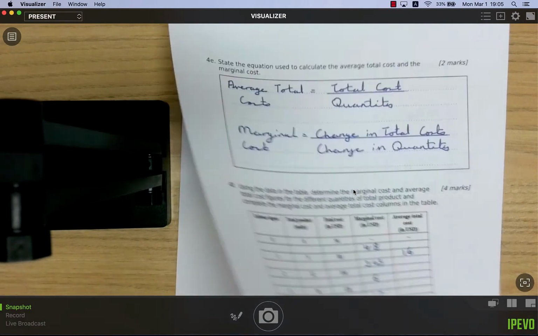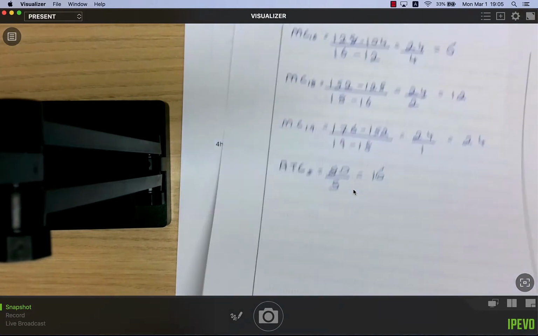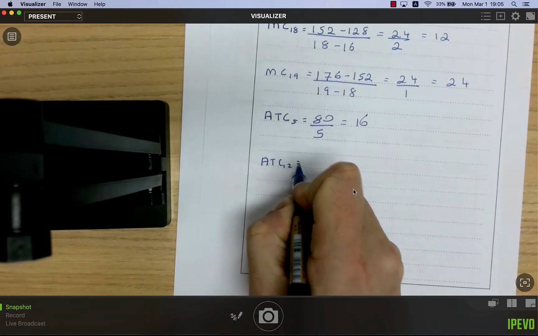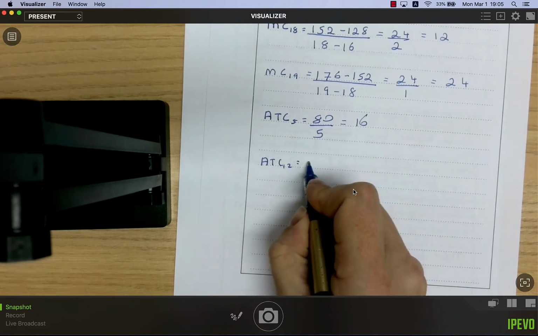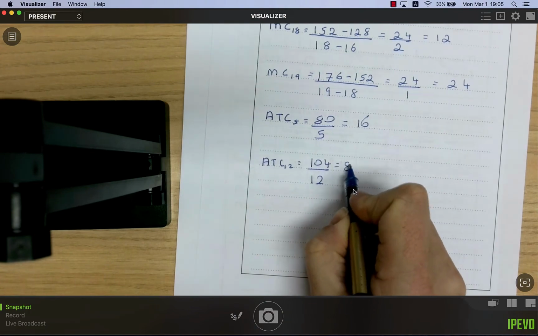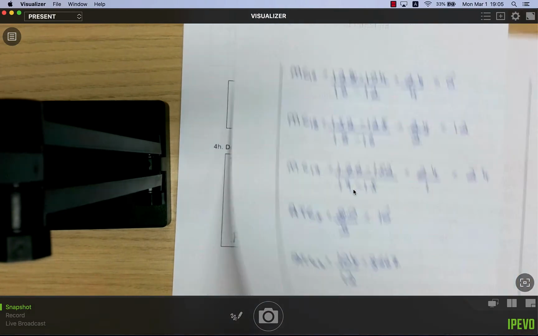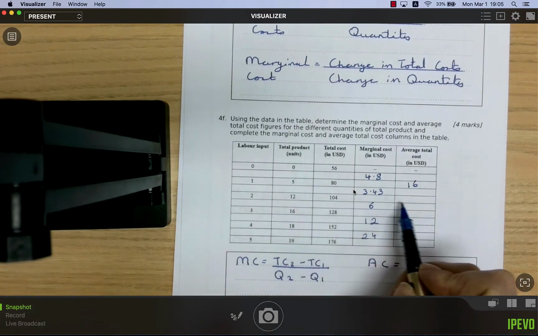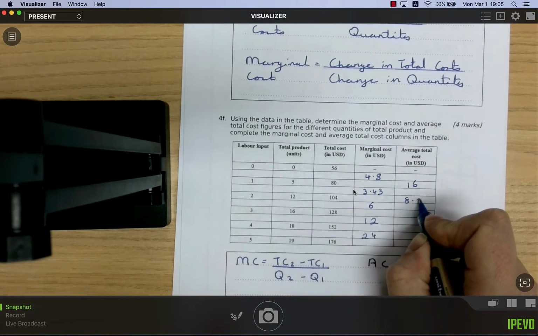Okay, now what's the next one? 12. So average total cost at 12 is 104 over 12, which equals 8.667. 104 divided by 12 is 8.667, just round to 8.67.